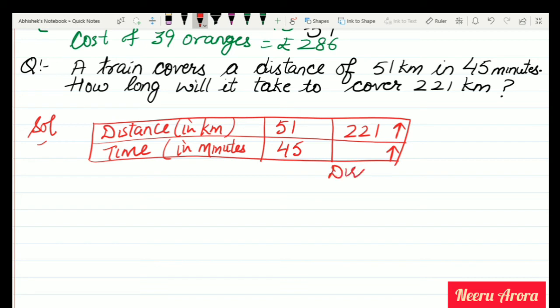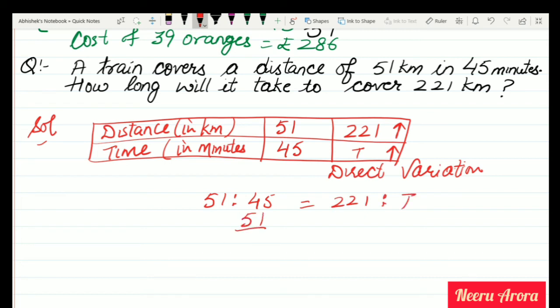So again, this is a case of direct variation. Let time be T. In direct variation, we'll take the ratio of both the terms, 221 ratio T, or directly in division form.